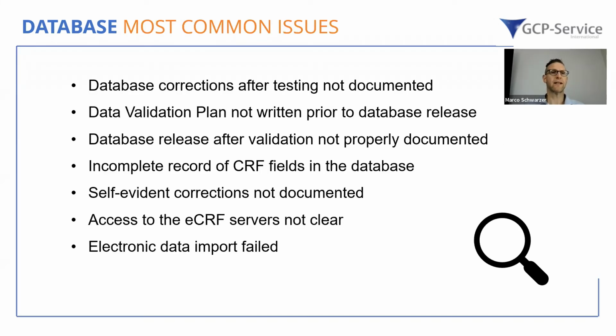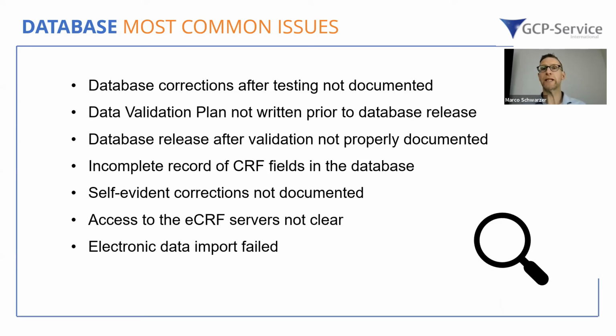Usually, what you very often find in relation to an audit is that database corrections were not documented after the testing. The data validation plan, for example, is not written prior to database release.